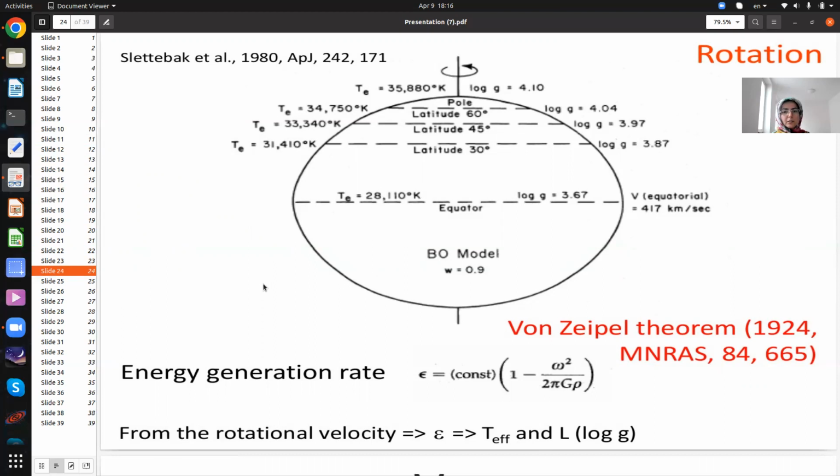And here you see there is a breakup velocity. Breakup velocity is when stars rotate very fast, gravitation cannot hold the star together anymore. Gravitation cannot keep the star, so it will lose hydrostatic equilibrium.